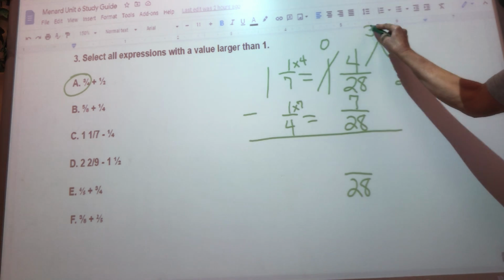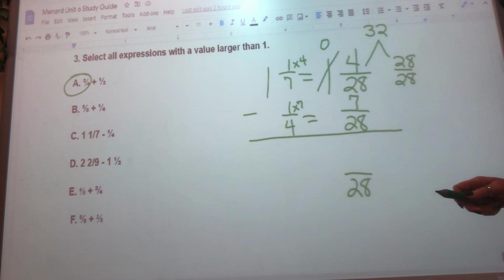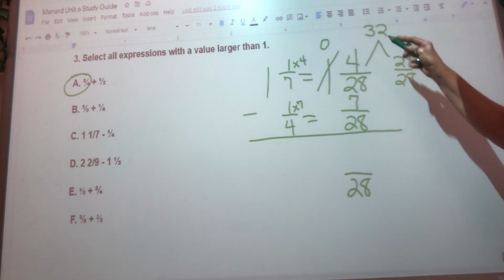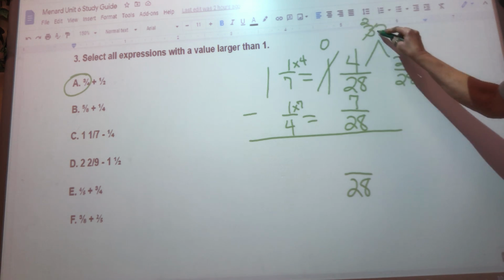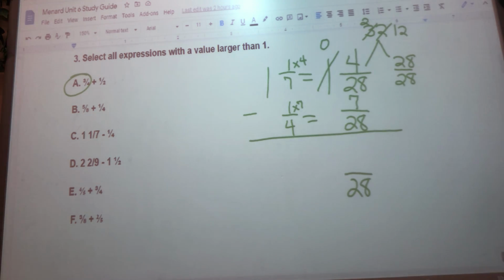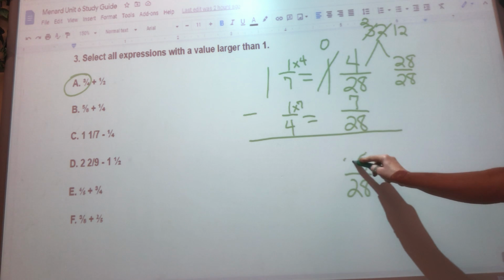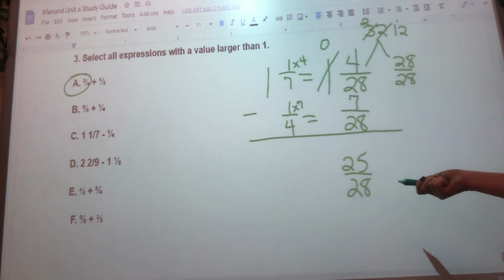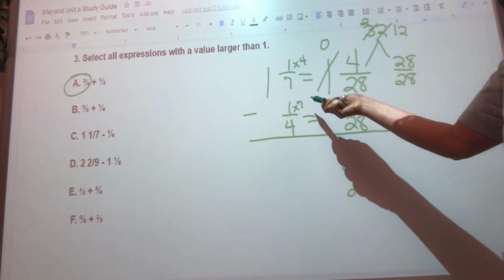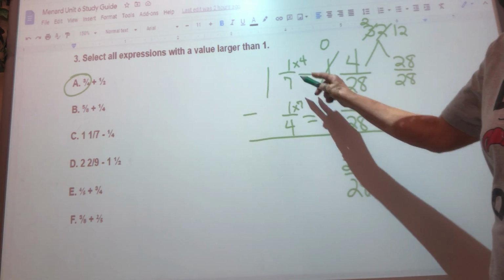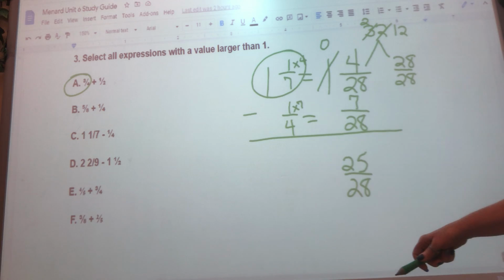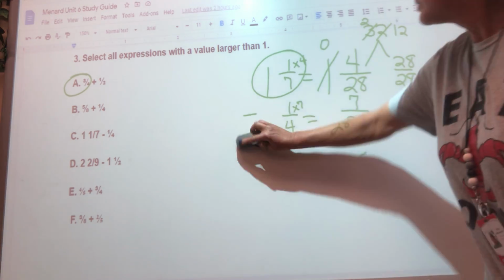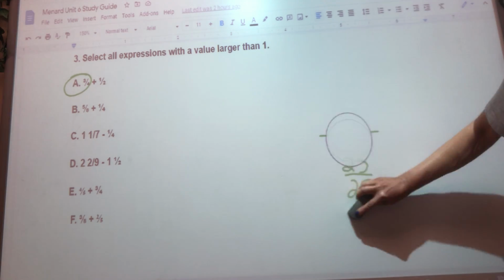I have 32 of them. Can I take 7 from 32? Yes. Which is 25. So do I circle C? No, because that's not it. From the beginning, it kind of looks like you might because you do have a whole one. But once you end up converting, then you end up with less than 1.